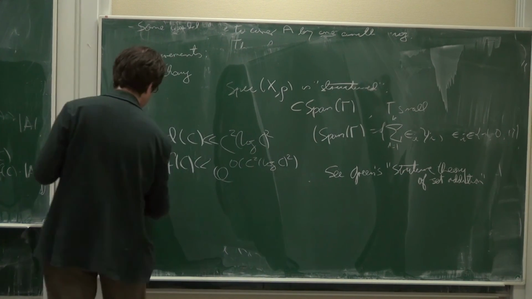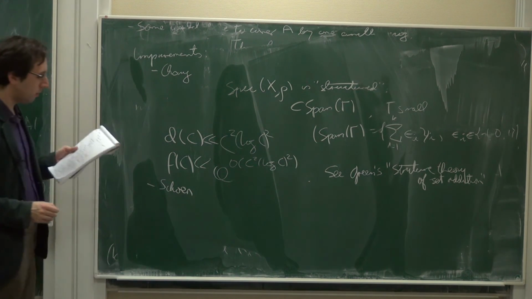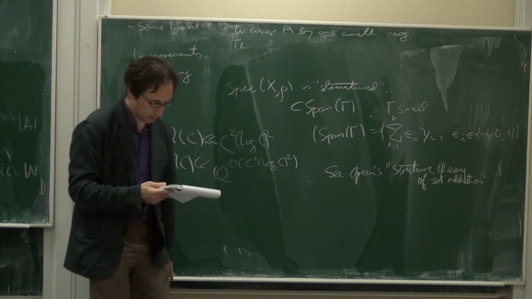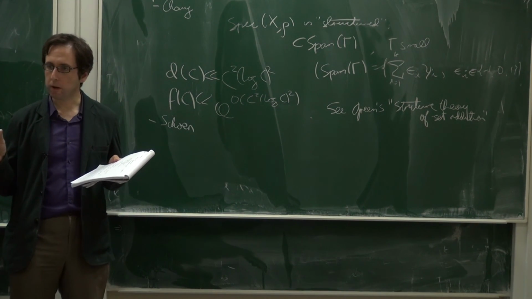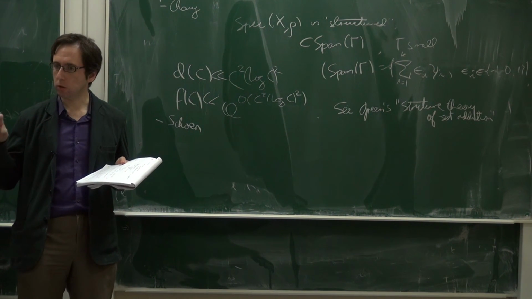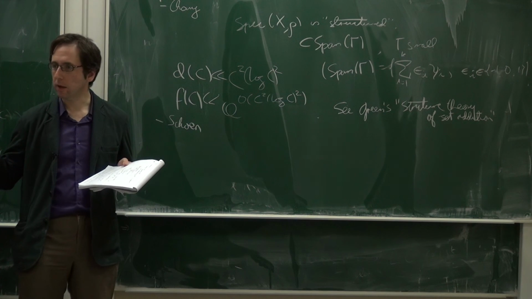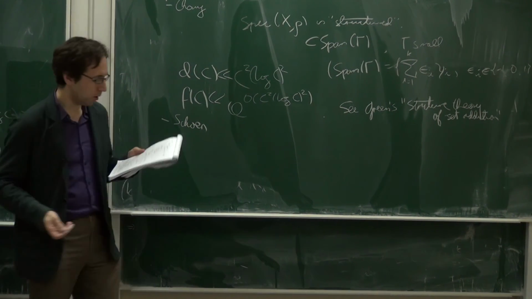So Schoen, and this is just 4 years old. He managed to optimize a different step, the one where we passed from A plus A to the energy. He managed to show that you can find subsets in A and A which have much larger energy relative to their sizes.